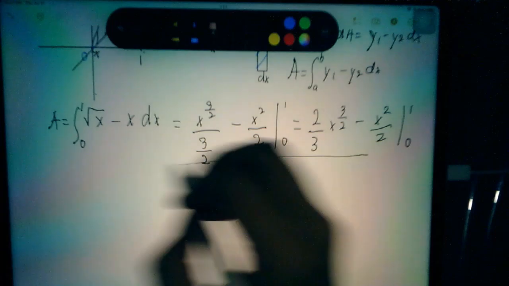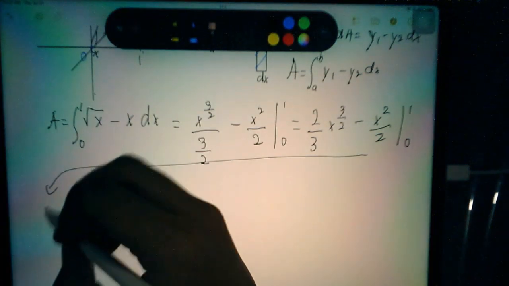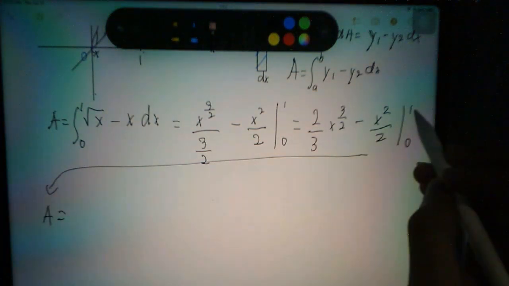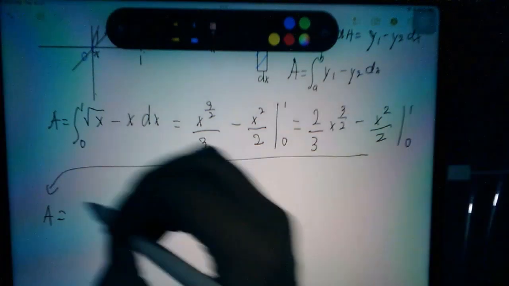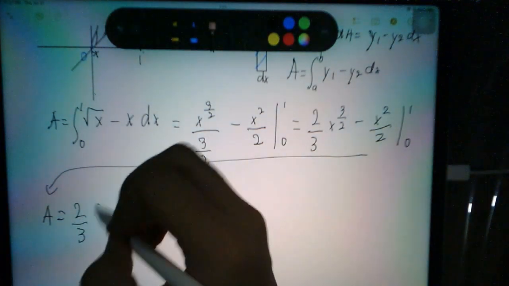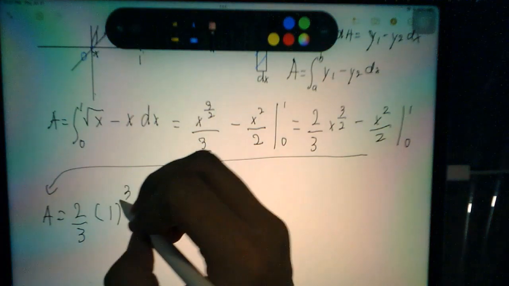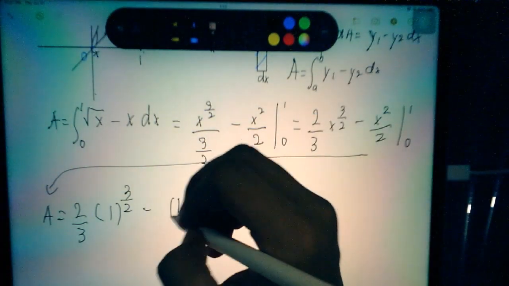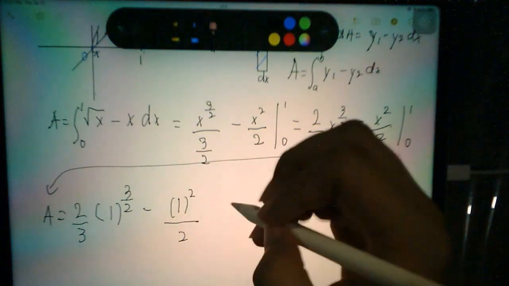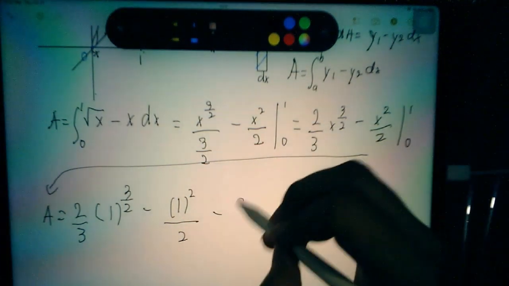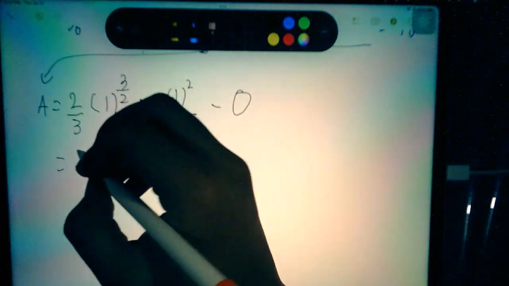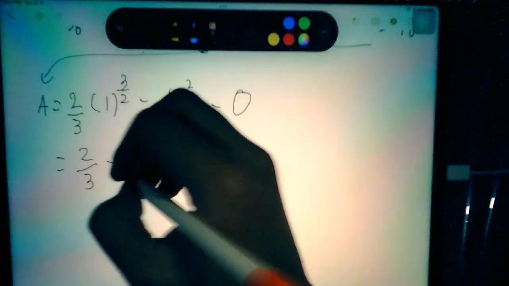Let's put it here. So area, by substituting the x to the upper limit and lower limit, becomes 2/3 times 1 raised to 3 halves minus 1 raised to 2 over 2, minus 0 here is just 0. So the final answer is 2/3 minus 1/2.